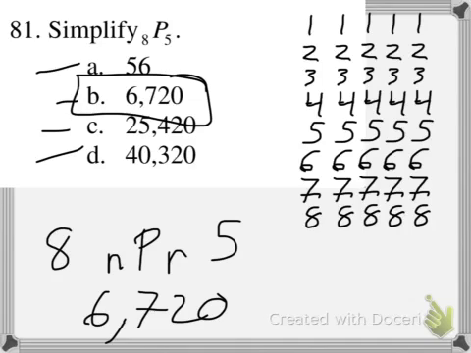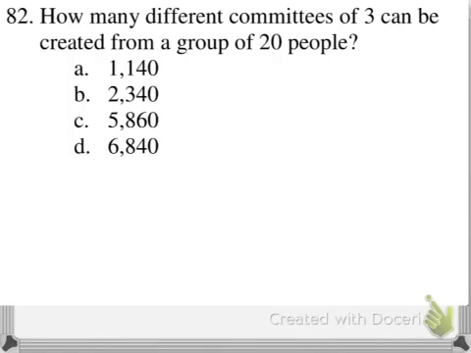So let's go on to the next question. This one doesn't tell us whether we're supposed to use nPr or nCr. It asks us first to decide which of the two. It says, how many different committees of 3 can be created from a group of 20 people? So I need to decide if this is a permutation or a combination.